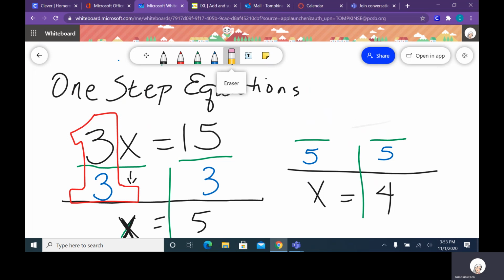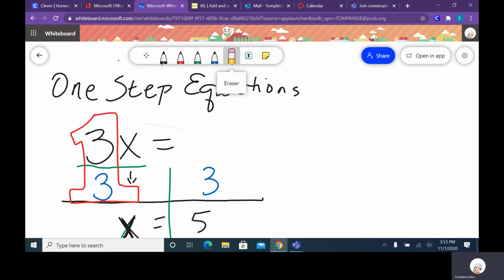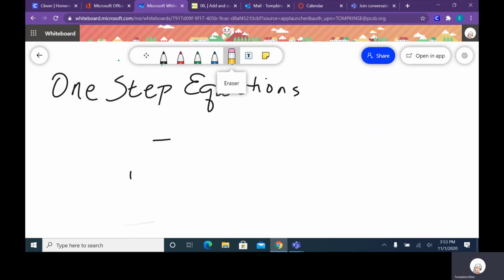Now, when we have the division ones, those ones get a little bit more interesting looking. They're not hard if you remember what you're doing. So let's say I have x over 3 equals 6. So what divided by 3 is going to give me 6? Okay, this is a division problem.